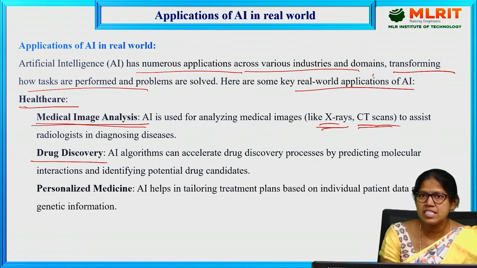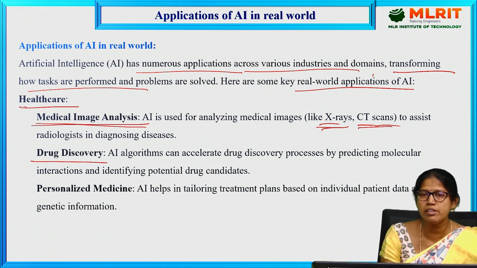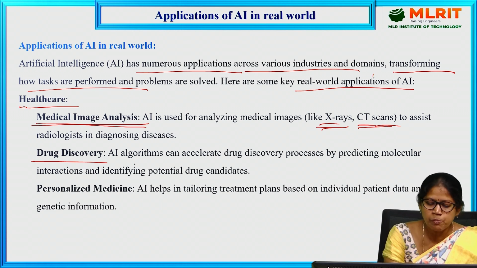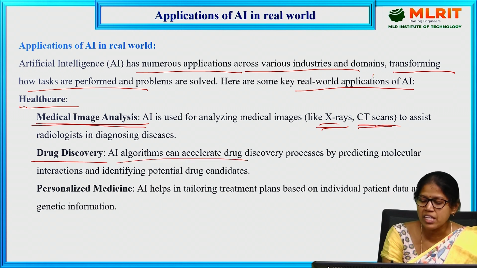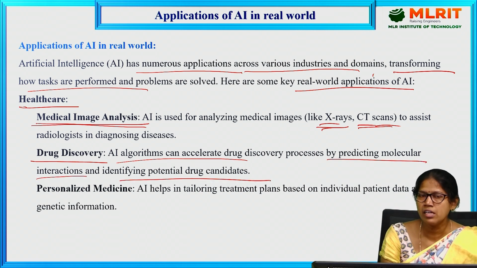If it is AI, then it is faster. It won't get tired. It doesn't need rest because it is a machine. It will keep on testing and it will discover some drugs. The best example is COVID-19. Here AI algorithms can accelerate drug discovery processes by predicting molecular interaction and identifying potential drug candidates.